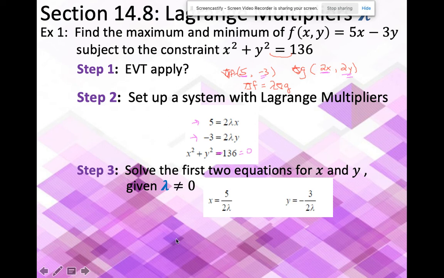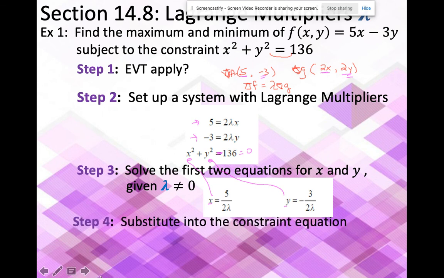In the last example, I did a substitution, but honestly, with my constraint equation like this, I've got both x and y in terms of lambda. I can just take my x there and my y there and substitute into the constraint equation. And again, setting it equal to 0 is just making Lagrange happy.